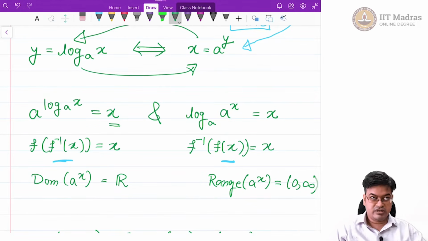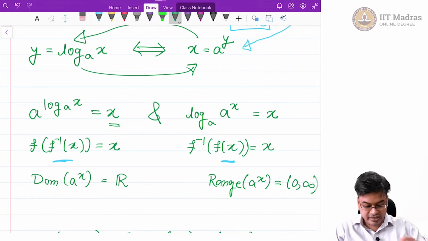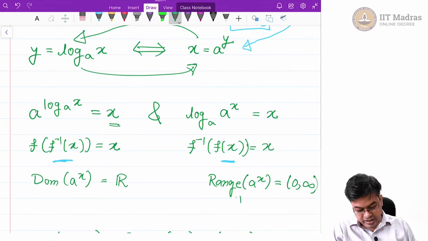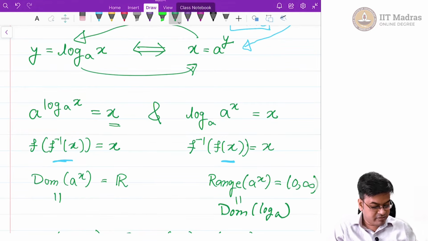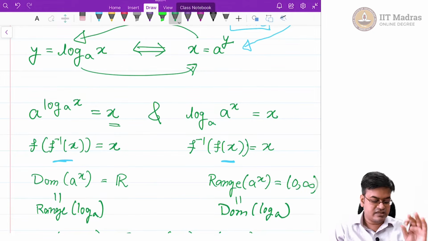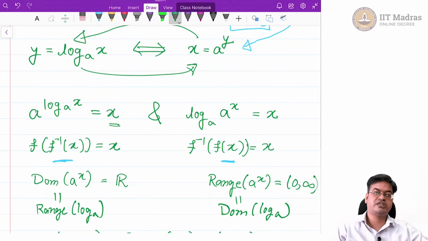So if at all the logarithmic function is to be defined, this should become the domain of log to the base a, and this should become the range of log to the base a. So this is the crux of the definition of inverse.